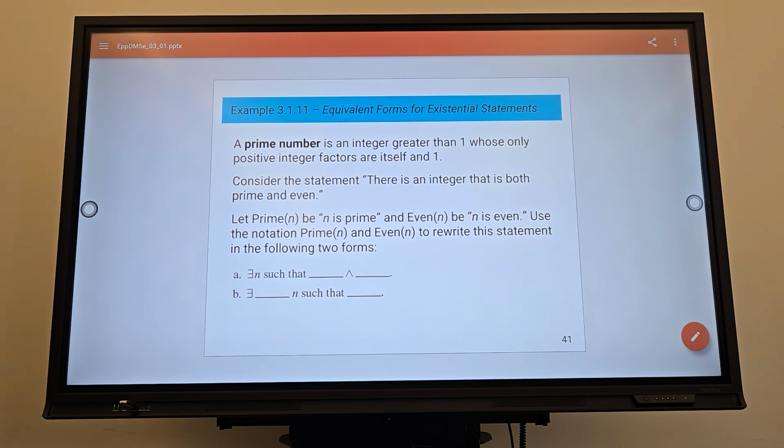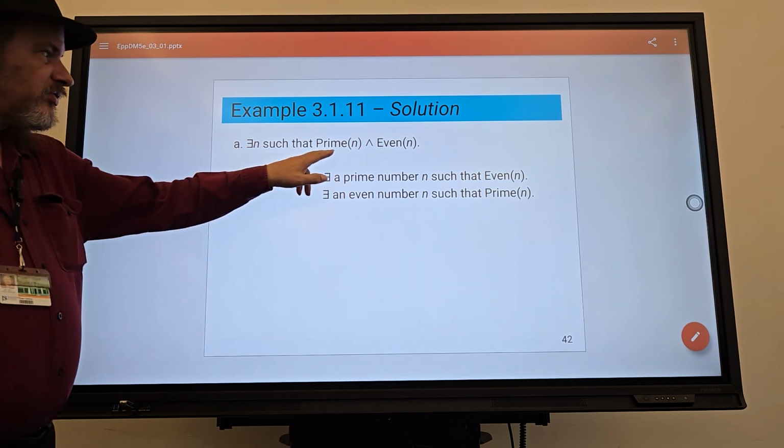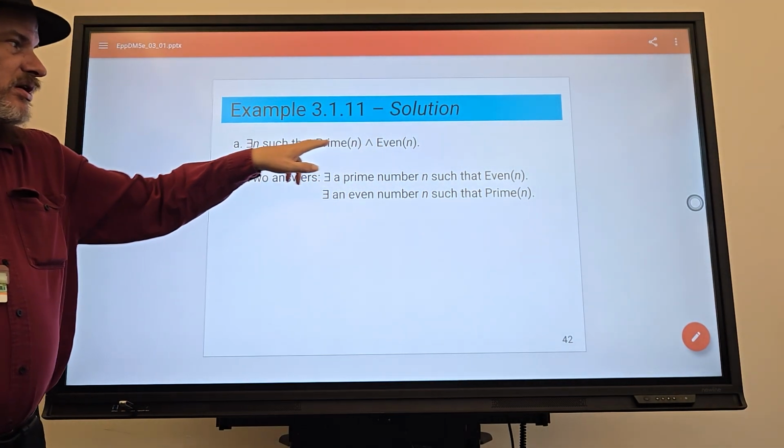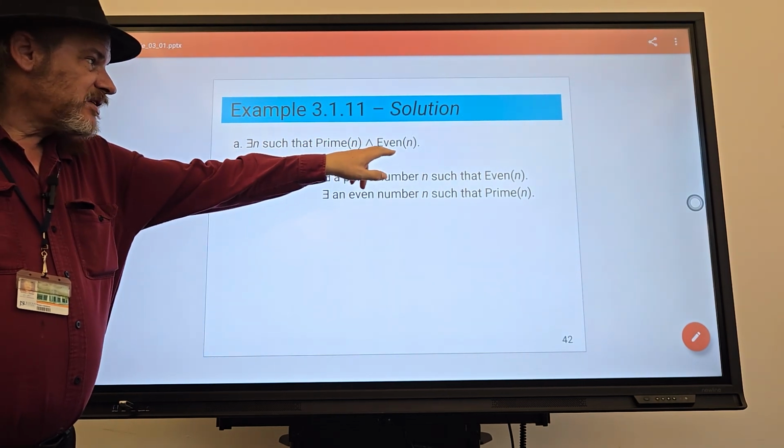Sound good? I flipped it around, but there exists an n such that prime(n) and even(n). And you could do that because of the conditional that we learned in the previous chapter.